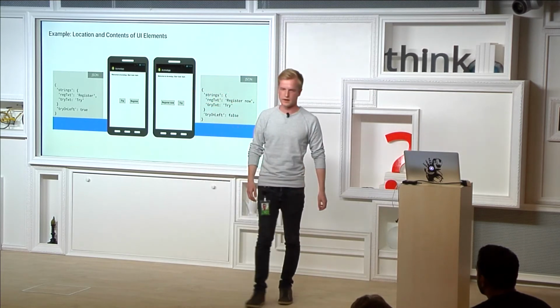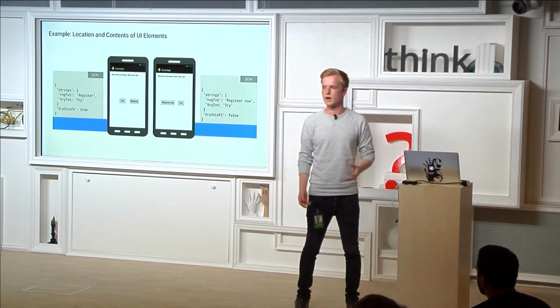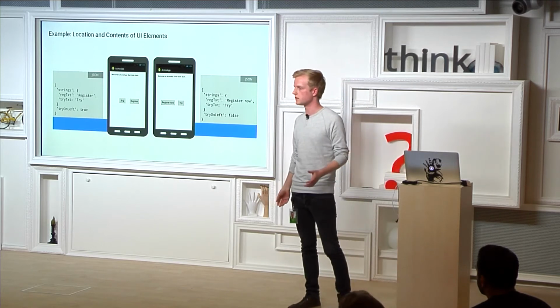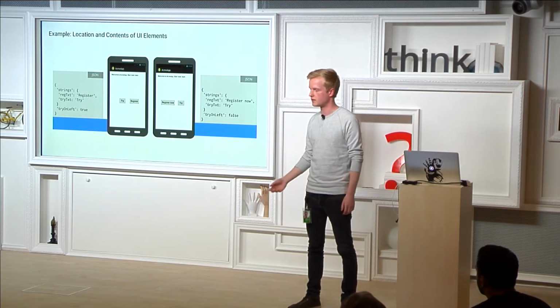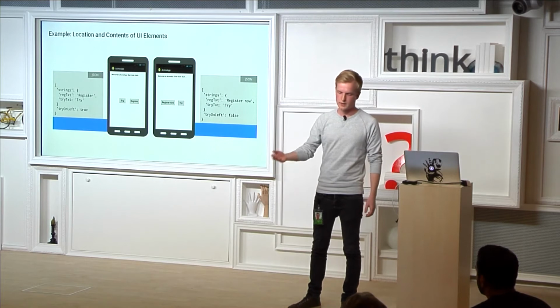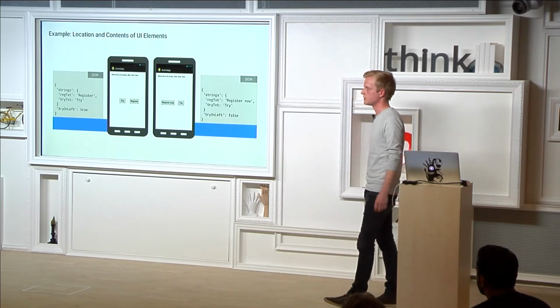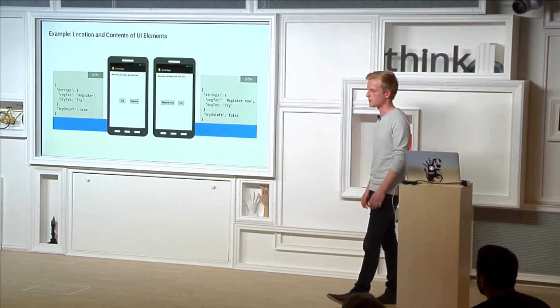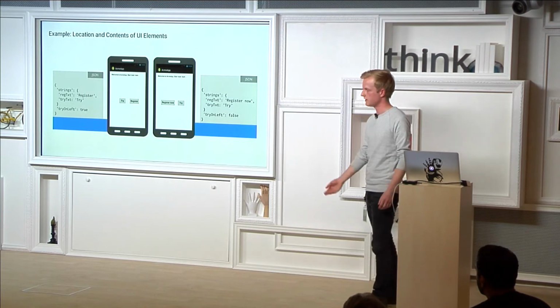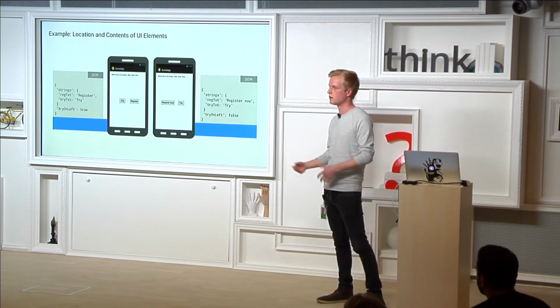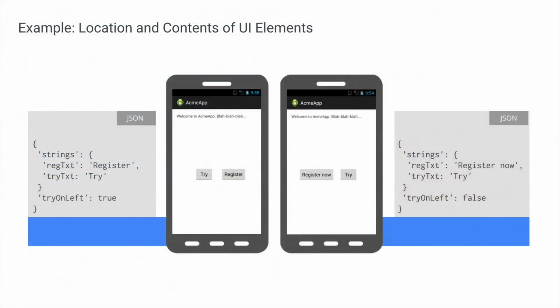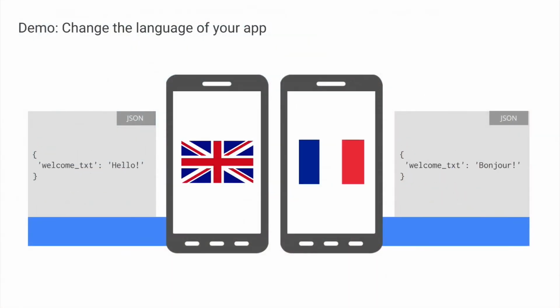So if you have a few basic strings in your app that you want to change around, you could do that by adding them from the Google Tag Manager account instead of having to hard code them or setting up an API or a server for that. A different thing is also, for example, changing the language of your app. And we're actually going to check that out for a sec.